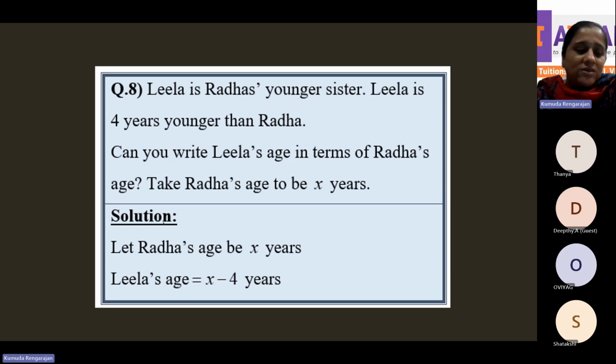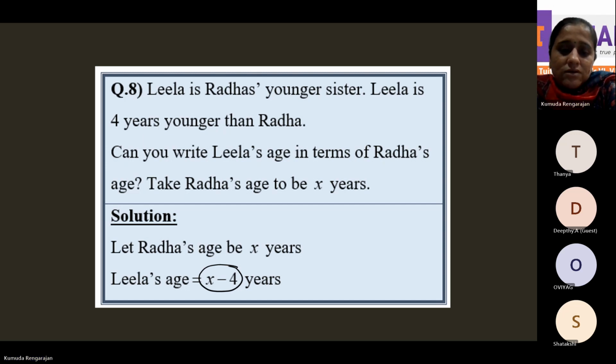And this is what an algebraic expression is. So x minus 4 is an algebraic expression.